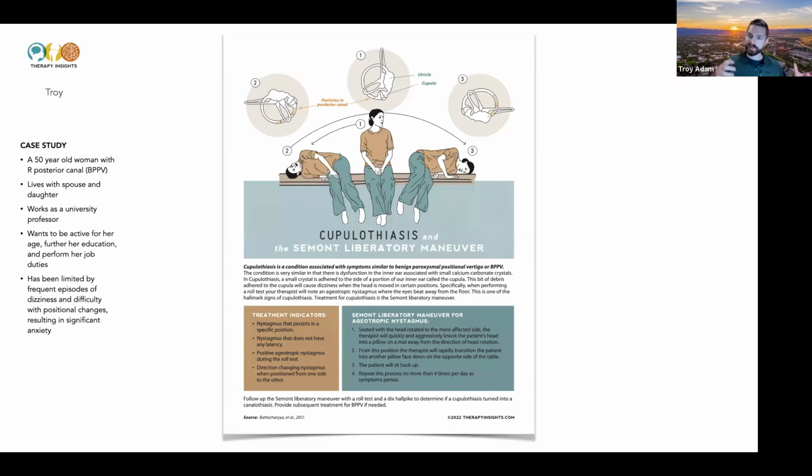What we're finding more now is that it's actually the velocity of taking someone from one side position and trying to almost fling that otolith, or whatever debris is attached to the cupula, off of the cupula and on through the posterior canal and ultimately into the ampulla, where we can have our symptoms resolve.